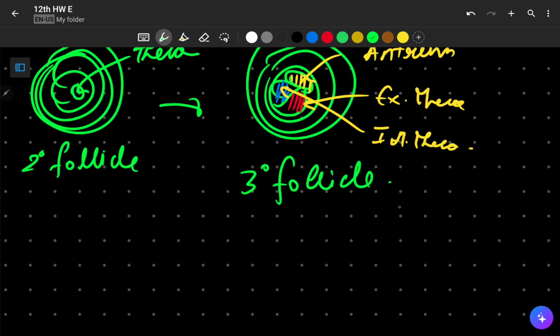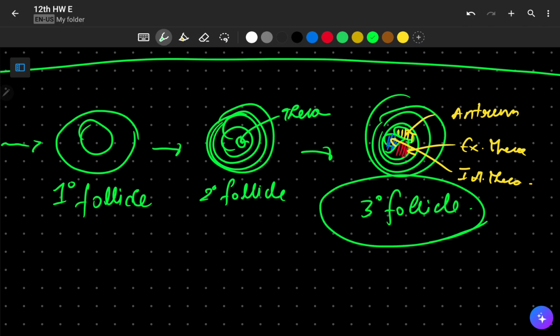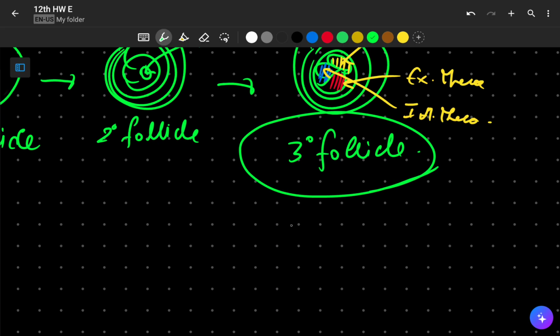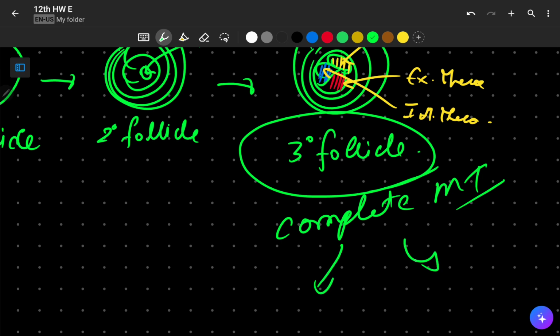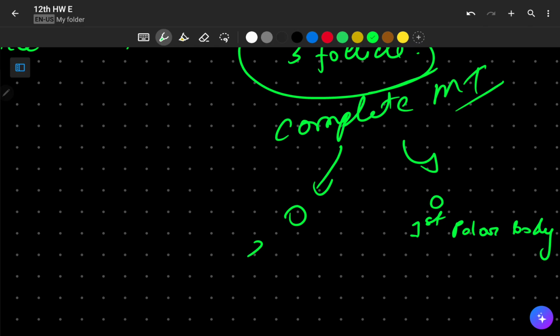And it is at the tertiary follicle stage that things change, because even in the primary follicle or the secondary follicle, the egg inside is still arrested at the diakinesis stage of prophase 1 of meiosis 1. But in the tertiary follicle, it will actually complete meiosis 1 and form two things. It will form a polar body. This will be the first polar body, and this is the secondary oocyte.